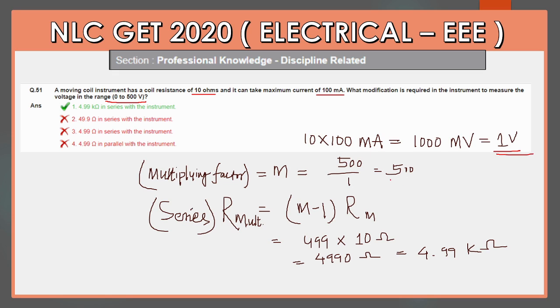To measure voltage up to 500, we have to increase the range. So if you connect a series multiplier, a series resistance with proper value, it can measure up to 500 volt. This is the formula, R series equal to (m minus 1) Rm. What is m value? m is equal to 500, m minus 1 will be 499 multiplied by 10 equal to 4.99 kilo. So the answer will be first option.